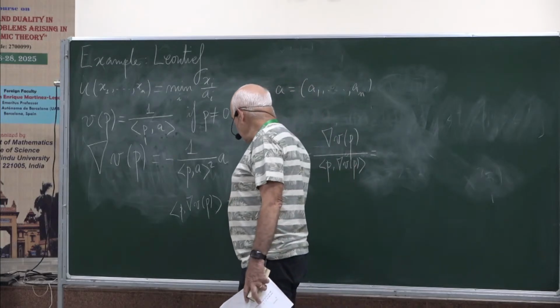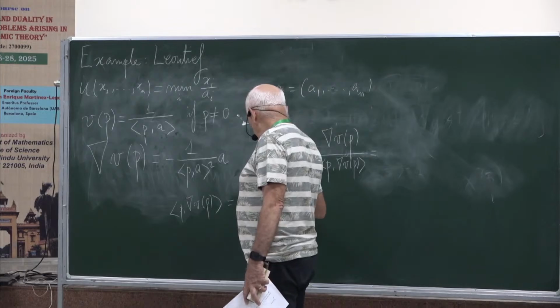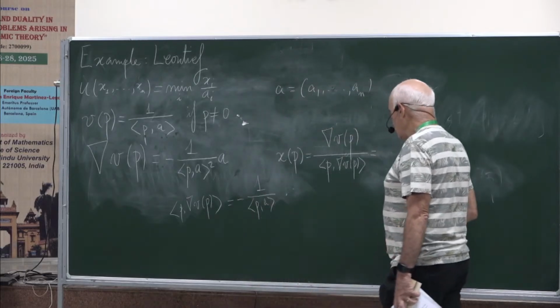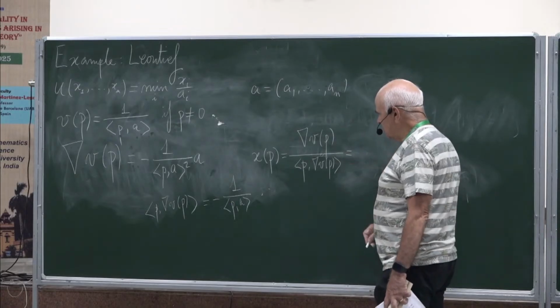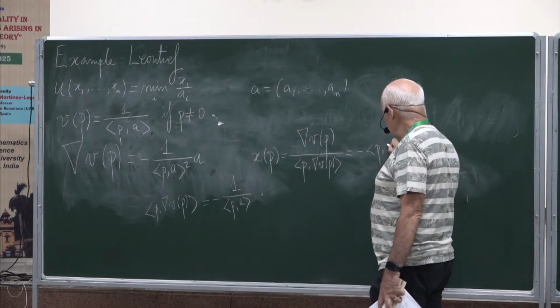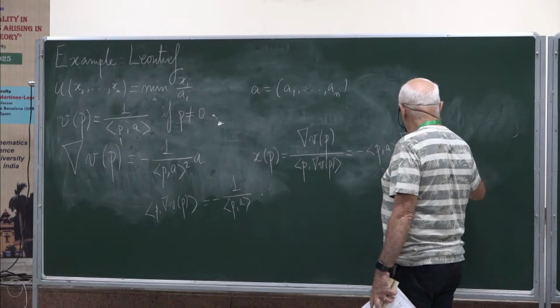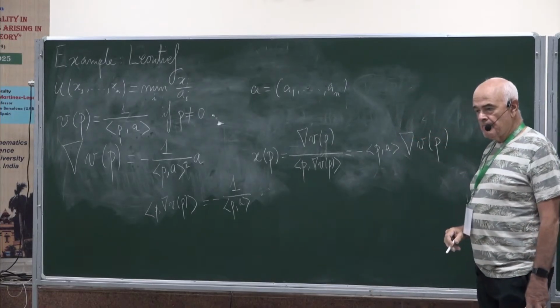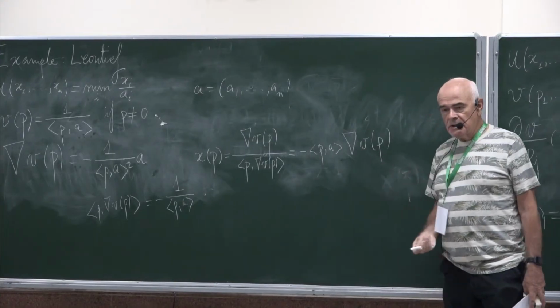So this is simply minus 1 over PA. Then if you make this division, you get minus PA times the gradient of V of P. Again, this is positive because the gradient has negative components.